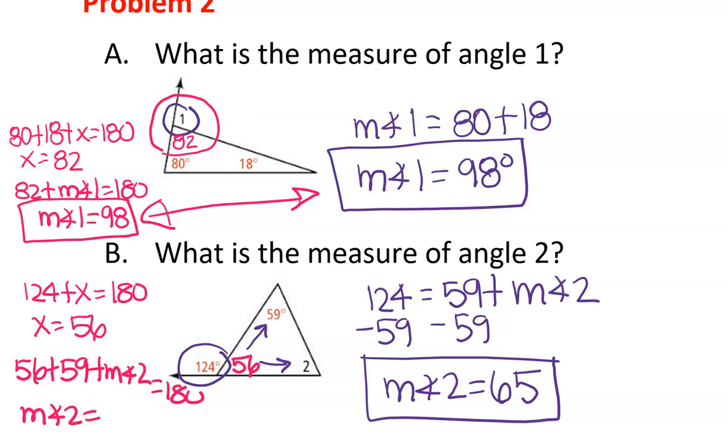The measure of angle 2 would be 180 minus 56 minus 59, or 65. And again, same answers. Takes a little longer to get to the answer, but it does work. So keep that in mind also.